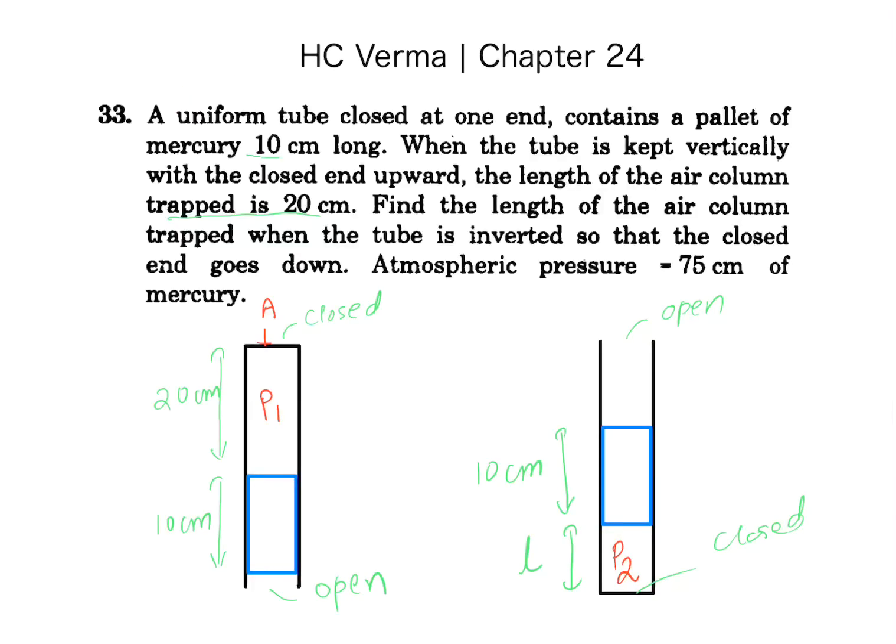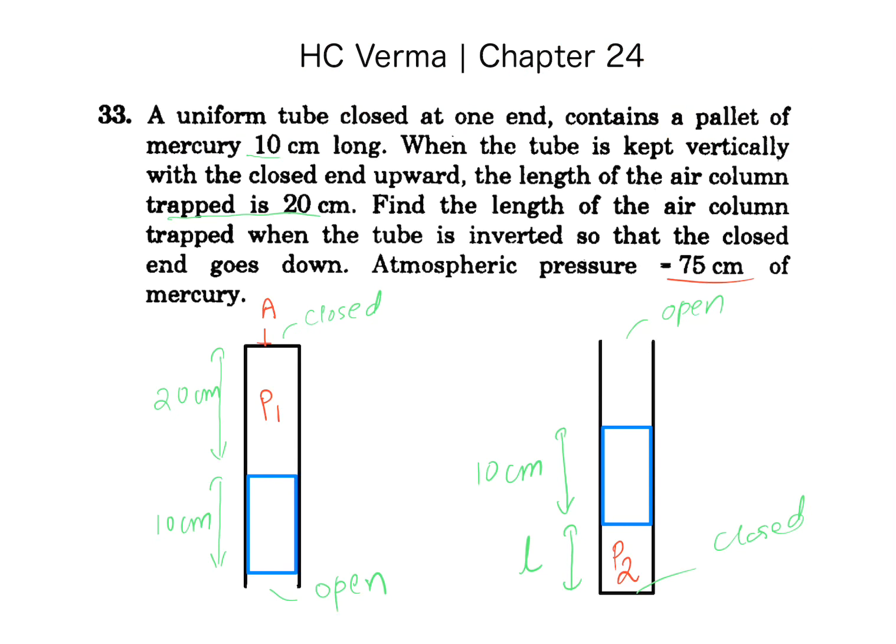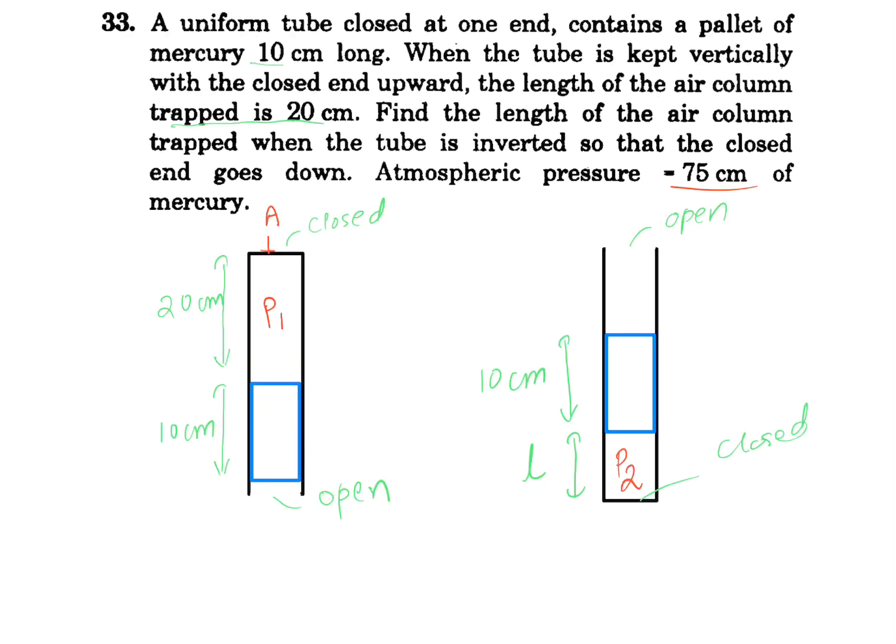So first of all, what is the atmospheric pressure P0? P0 is given to be 75 centimeter of mercury, which will be equal to density of mercury into G into 75 centimeter. We'll leave this up to here only. Now for the initial condition, what is the pressure over here?